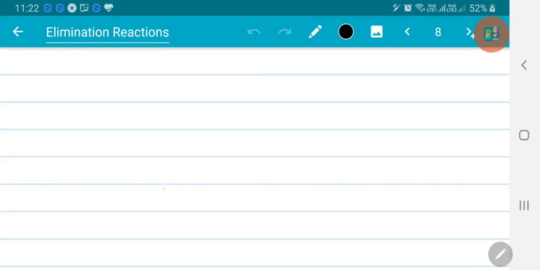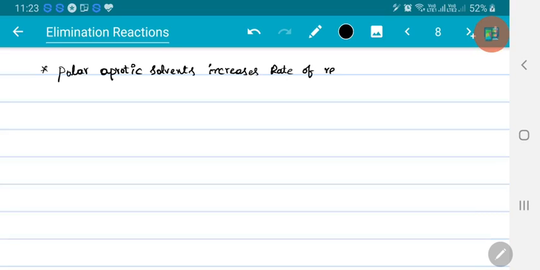Here we have to go for polar aprotic solvents. Polar aprotic solvents increase the rate of reaction, DMF, DMSO, etc.